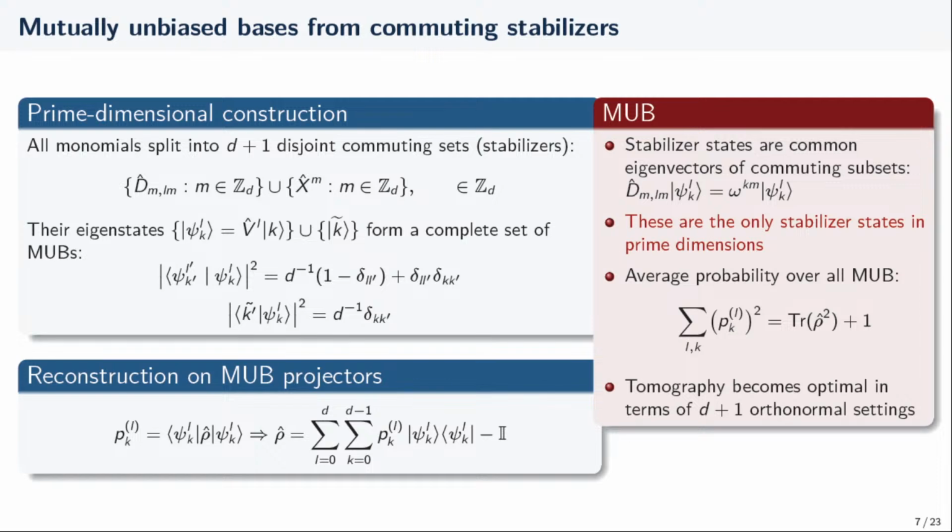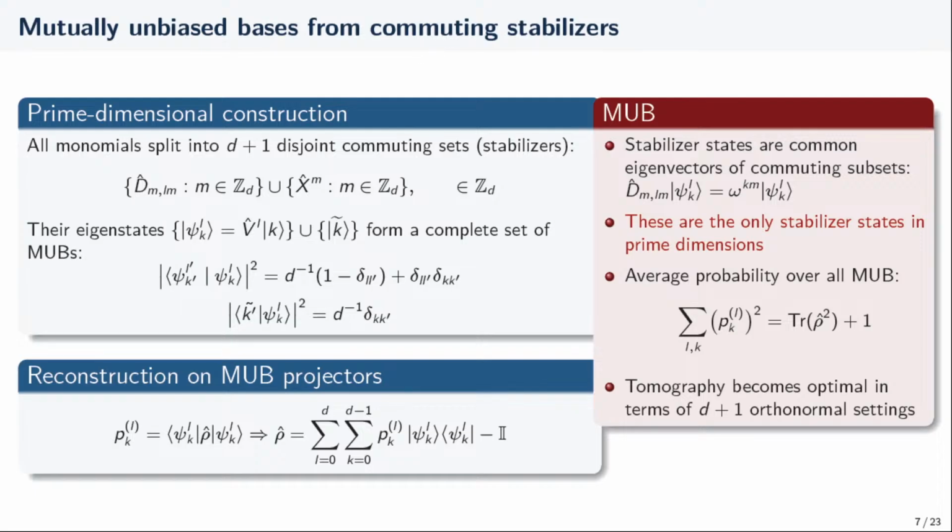Such a set of commuting operators is sometimes called stabilizers in this discrete science. So the whole set of d squared operators can be split into d plus 1 disjoint sets, so there is no intersection of such sets. Important.